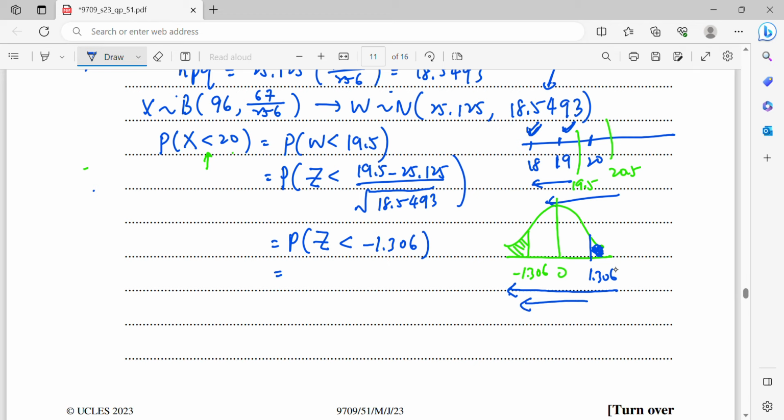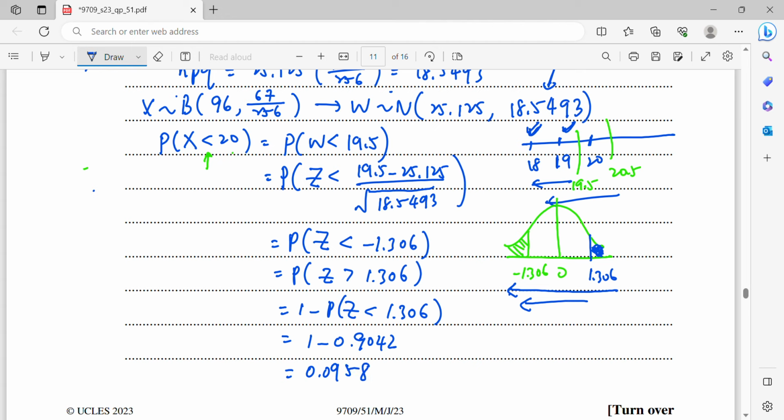So I will write here, it is same as P(Z more than 1.306), which is also same as 1 minus P(Z less than 1.306). And then this 1.306, you can get it from the table. It will be 1 minus 0.9042. At last, it will be 0.0958. That is the probability of less than 20.